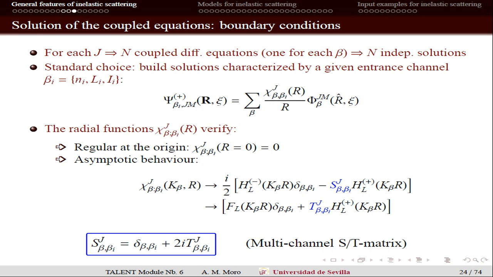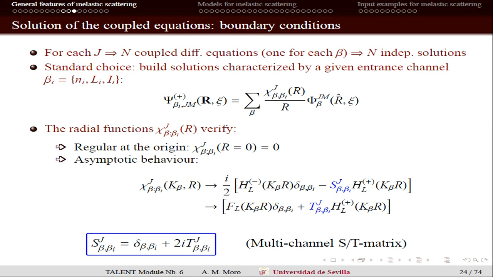So now the expansion is generalized as follows. We have this expansion in terms of this channel basis, but the radial functions now contain two labels: the dependence on beta, that is, we have a sum in beta, but also a dependence on the channel that we have chosen as initial channel. The interpretation of this is that the total angular momentum is conserved.